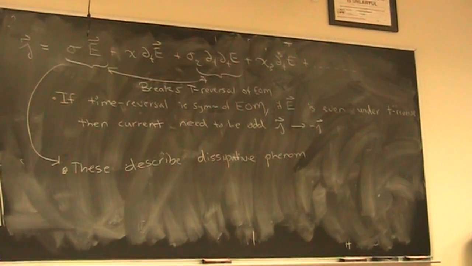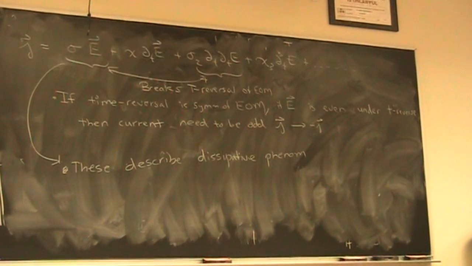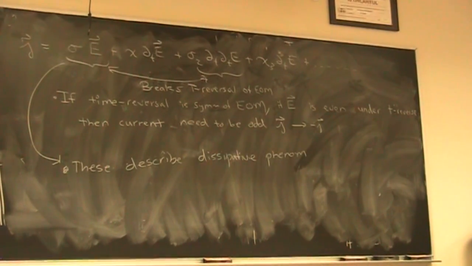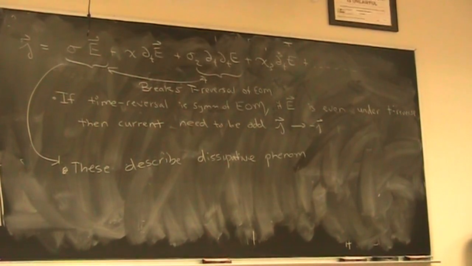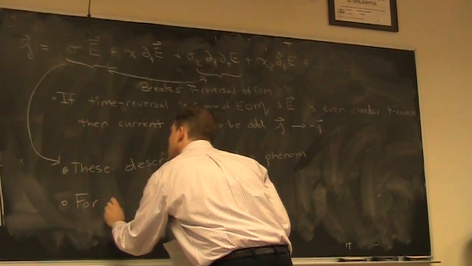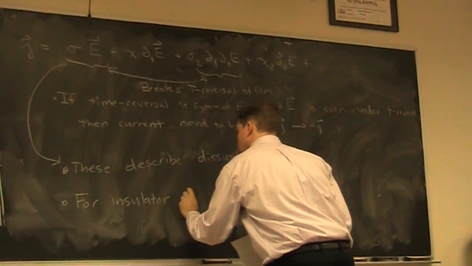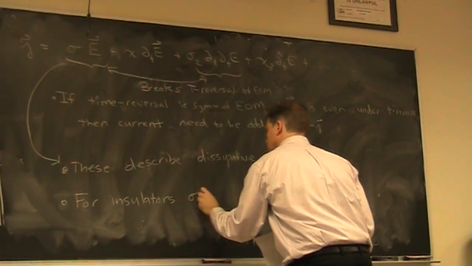So in very many materials, this sigma is vanishingly small. For insulators, sigma is approximately 0.